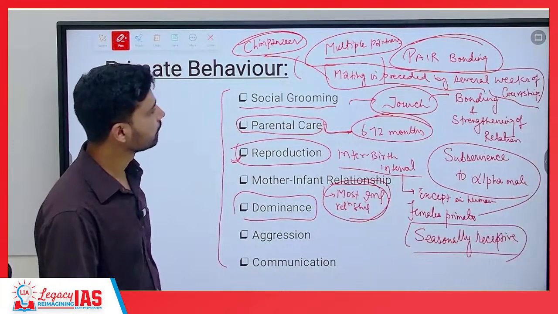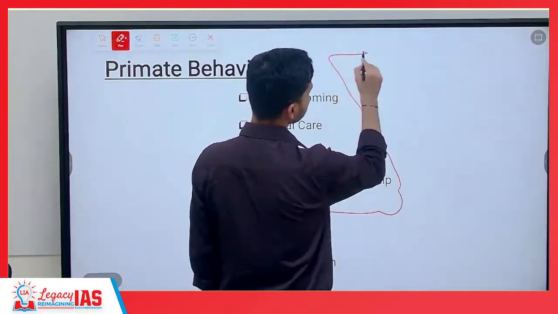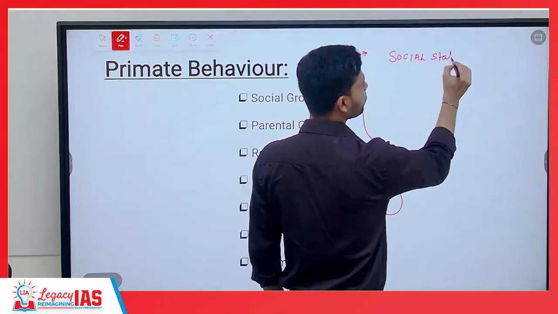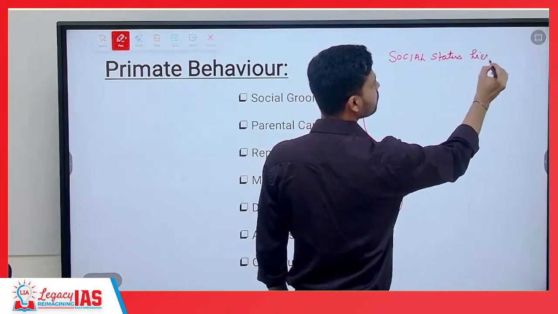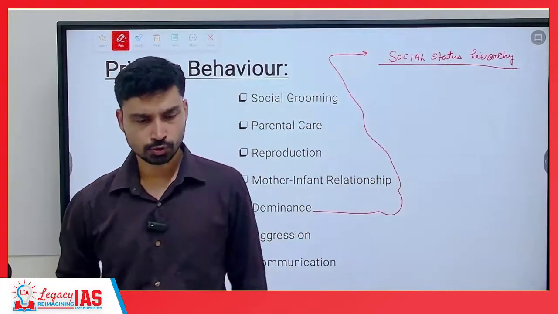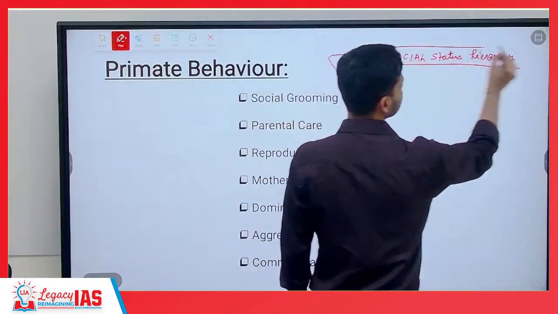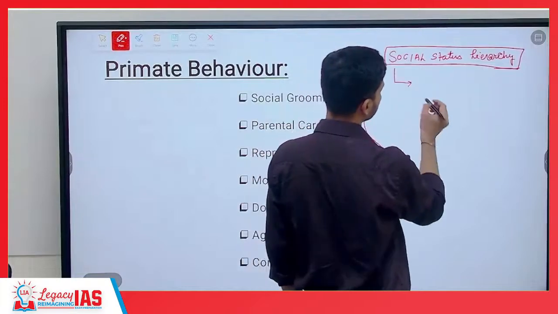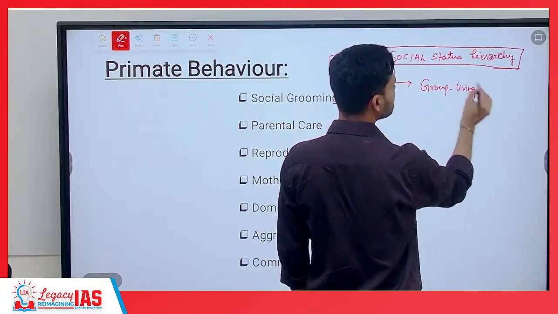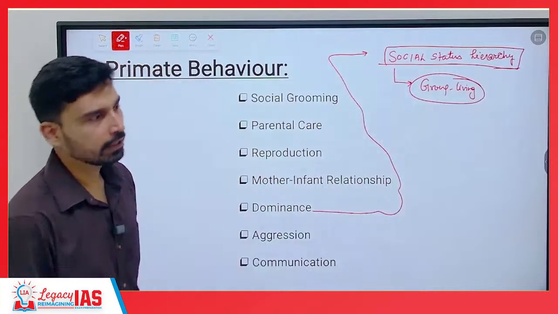Dominance is basically to ensure a proper social status hierarchy, that is maintained by dominance. It is mainly because of the group living which they exhibit. The primates do not live alone. All the primates live in a group together.